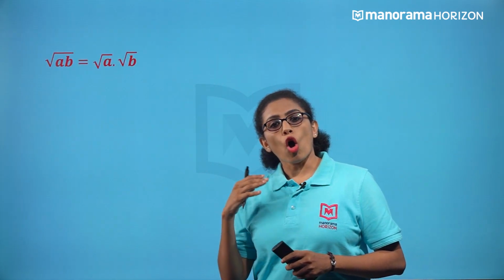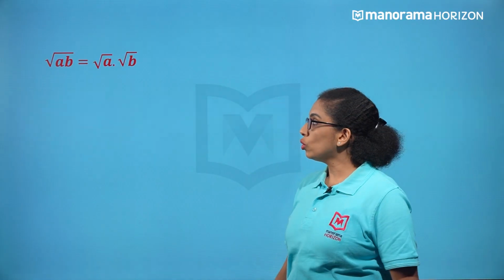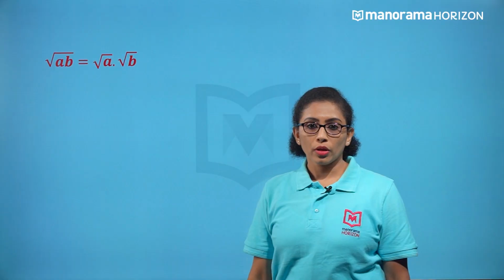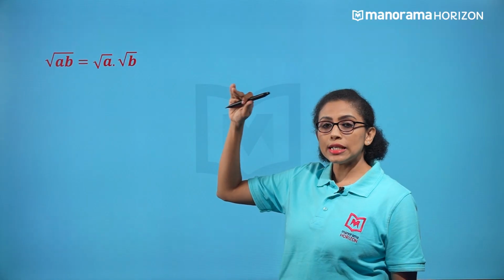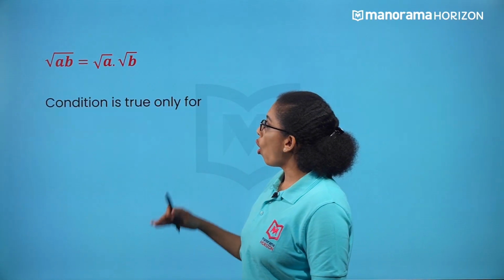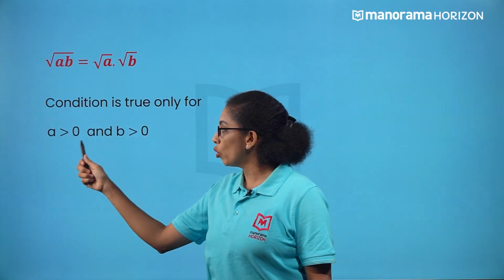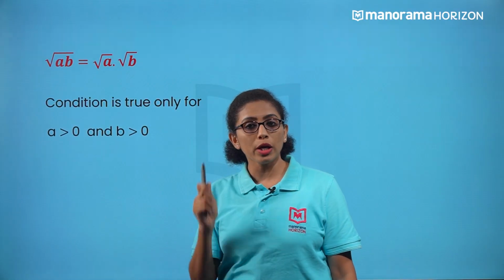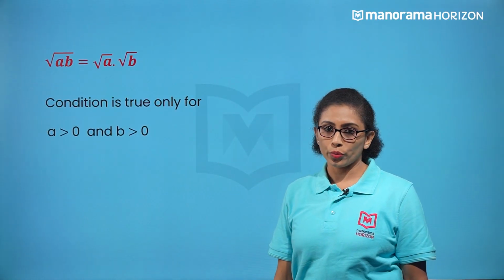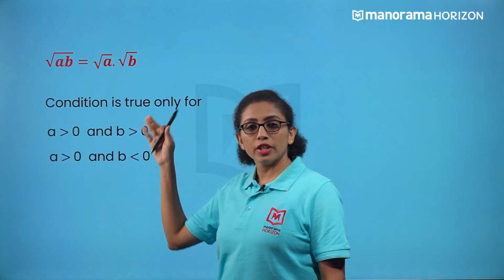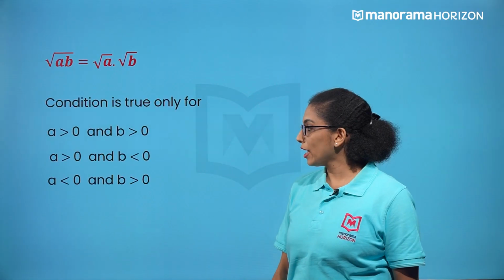So we have already discussed that root of AB will be equal to root A into root B. Now this condition is true for all positive real numbers A and B. That means both A should be greater than 0 and B also should be greater than 0. Even when A is positive and B is negative, this condition holds true, and vice versa.